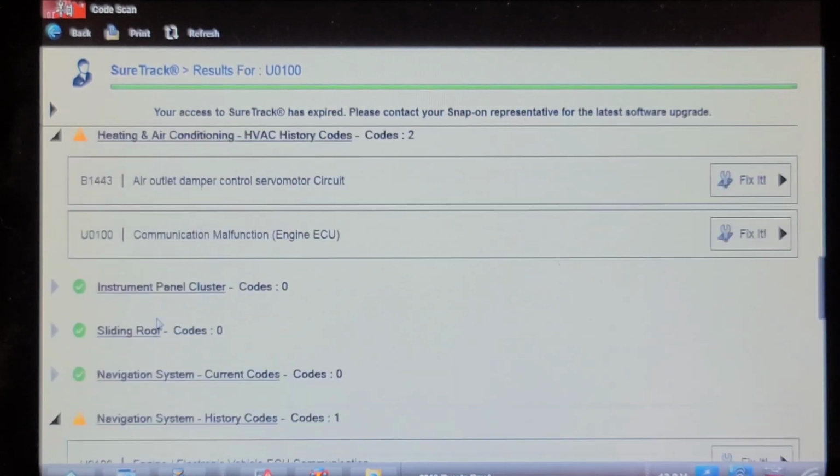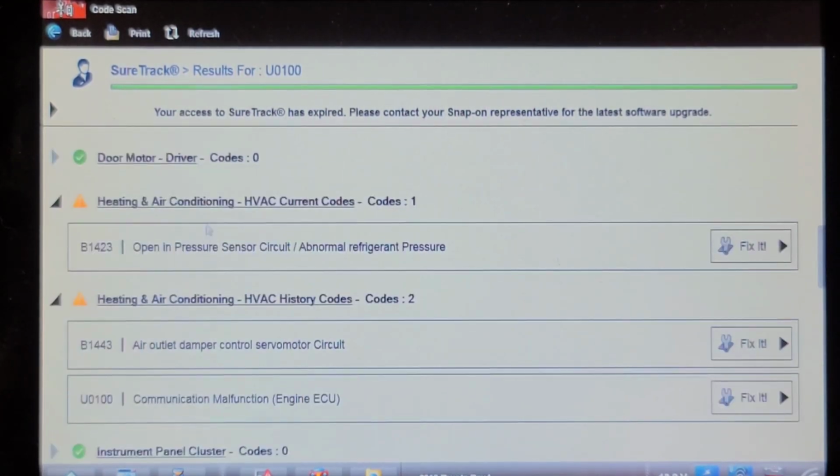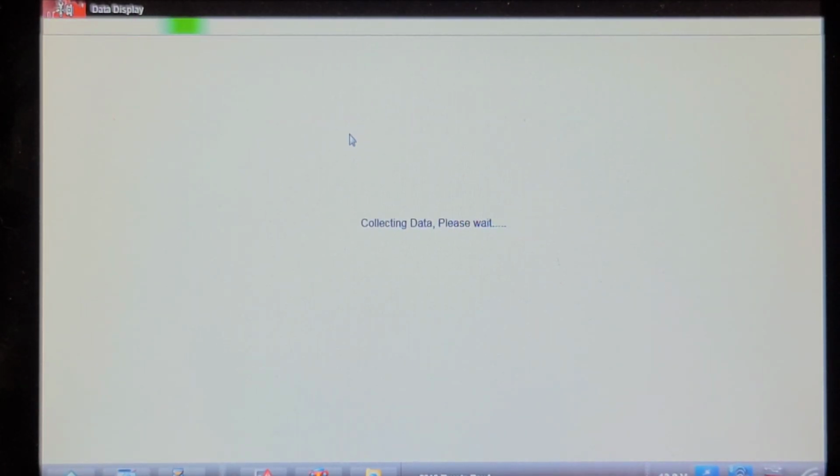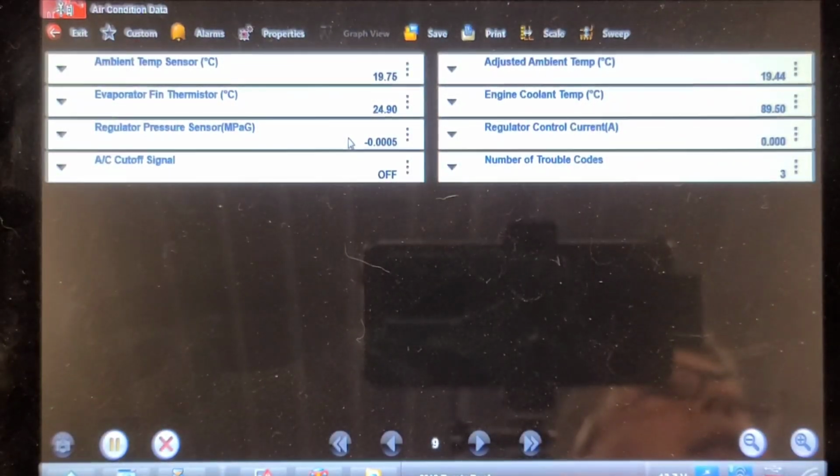Okay, so let's have a look at the heating and air conditioning system and look at data and see if it shows the AC pressures. Usually that's an input to the ECM, but maybe not on this. Regulator pressure sensor, regulator control current, number of trouble codes, 3.